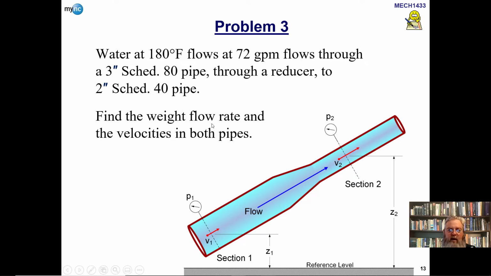So we want to find the weight flow rate and the velocity in both pipes. And you know what? Pretty soon we will be done talking about weight flow rates and mass flow rates as things that exist and things we can calculate and consider, but generally we don't. Generally we use Q, the volumetric flow rate. All right.